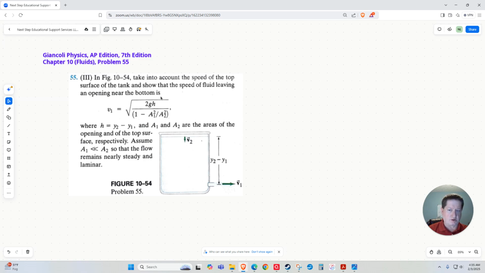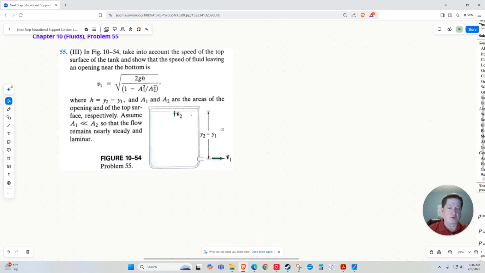If you notice the result here, if the area of 2 is much larger, then this term here goes to 0, which makes this 1, and you end up with the velocity being just root 2gh, which is what you would get if you assumed that your velocity up here was 0. You just end up with the hydrostatic pressure up here converting to a velocity down here. So that may look familiar to you. We usually ignore this, but we're going to go ahead and prove this equation here.